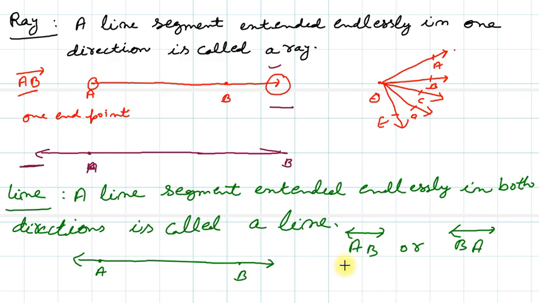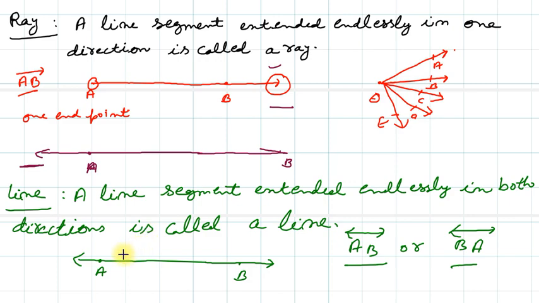These arrows in opposite directions indicate that the line is endless in both directions. Thus a line has no endpoints, and as such no definite length, right?